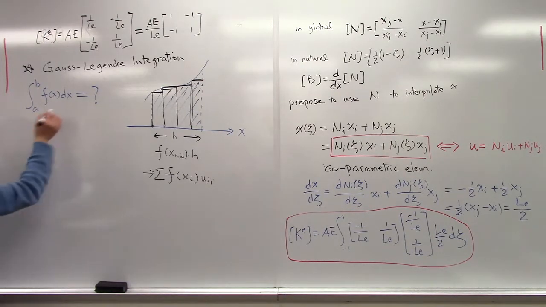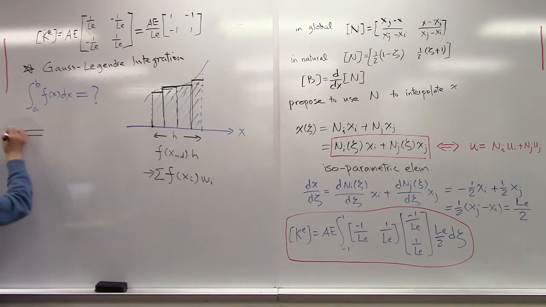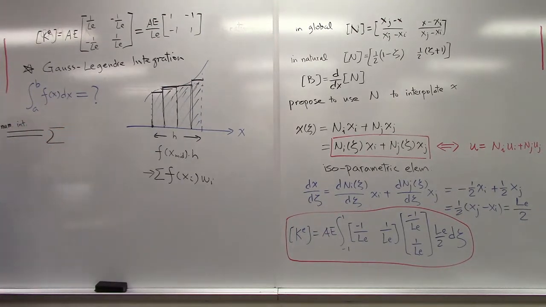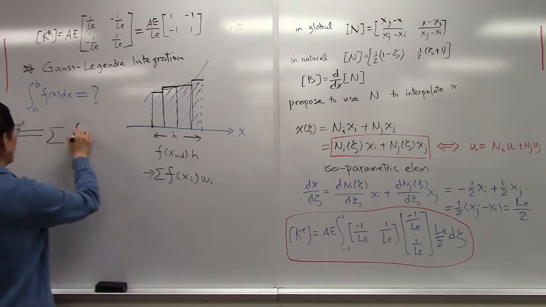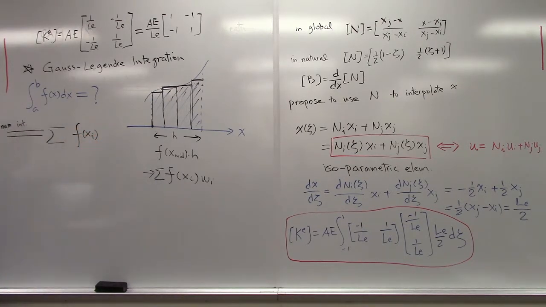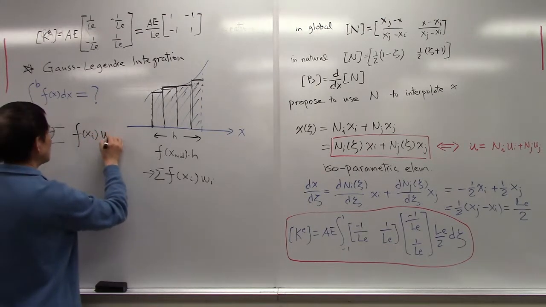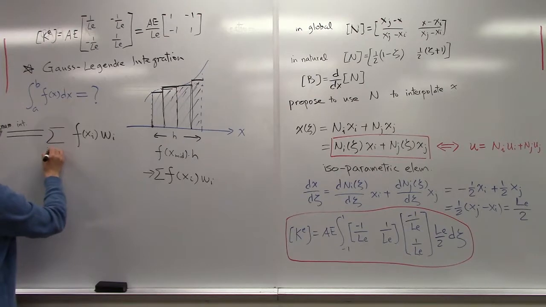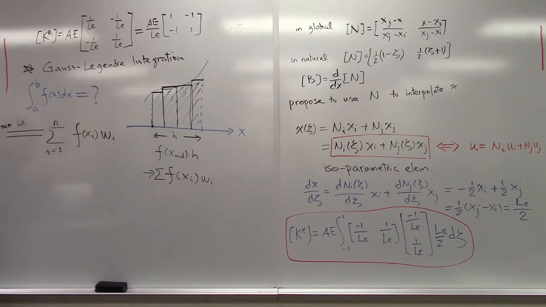Therefore, let me write it here. Numerical integration means perform a summation with the expression that x is evaluated at certain point times the corresponding weight. Now the summation is from 1 up to number of integration, 1 to n.